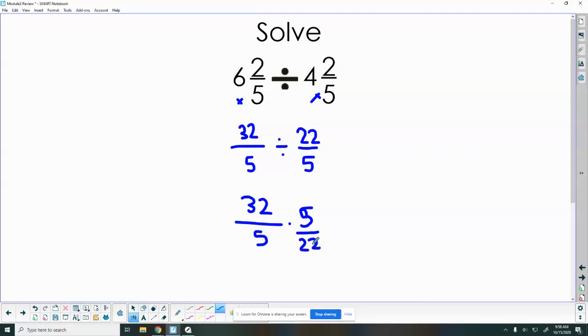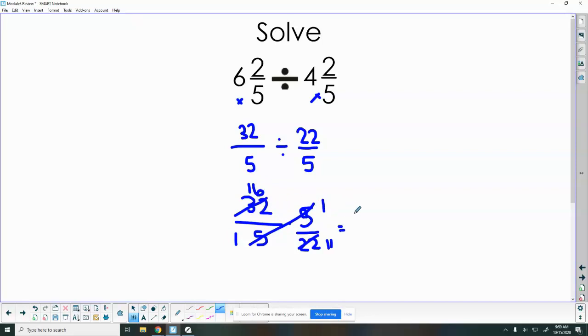So we want to do some simplifying by the greatest common factor first. So 5 and 5 have a common factor of 5. 5 divided by 5 is 1. 5 divided by 5 is 1. 22 and 32 also have a common factor of 2 because they're both even. 22 divided by 2 is 11. 32 divided by 2 is 16.